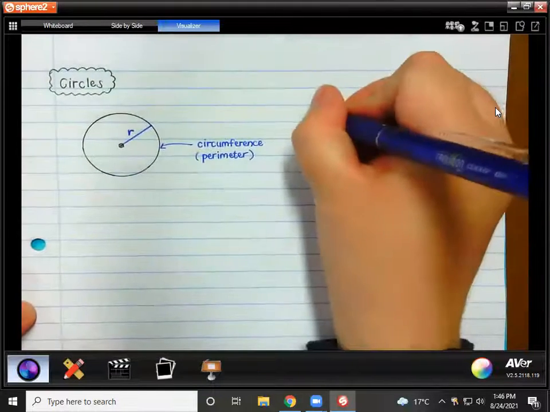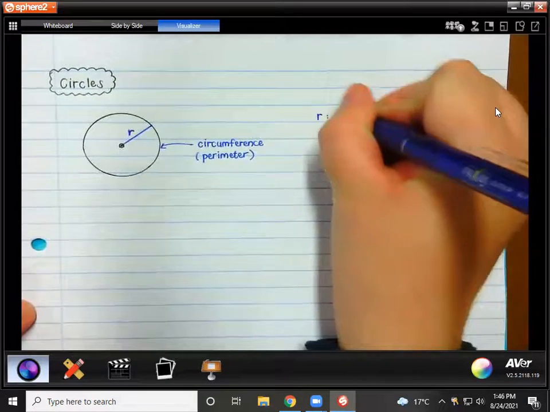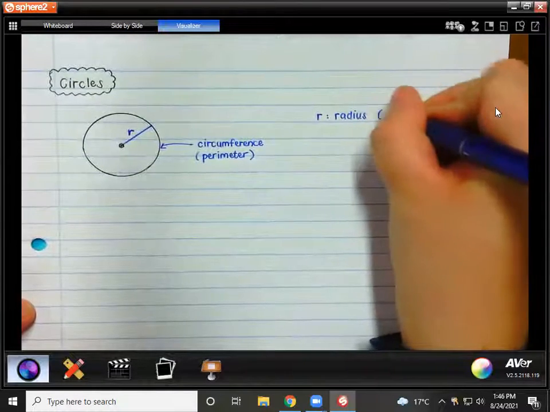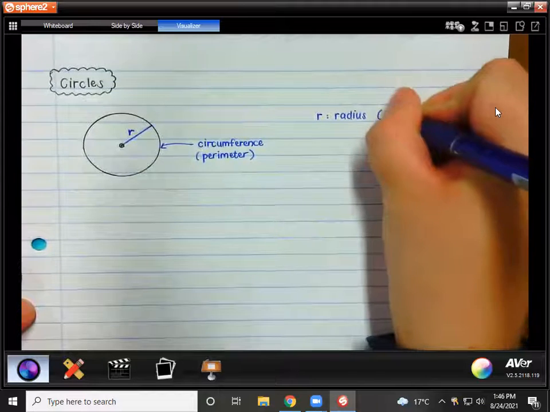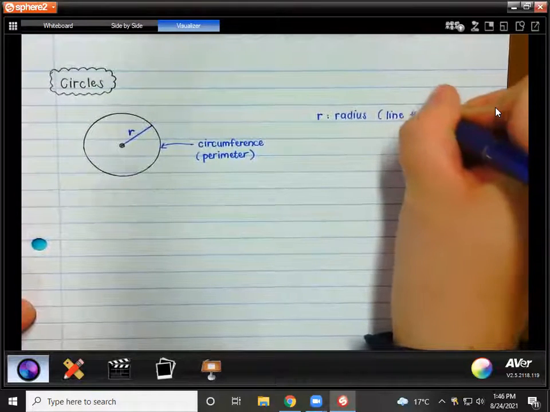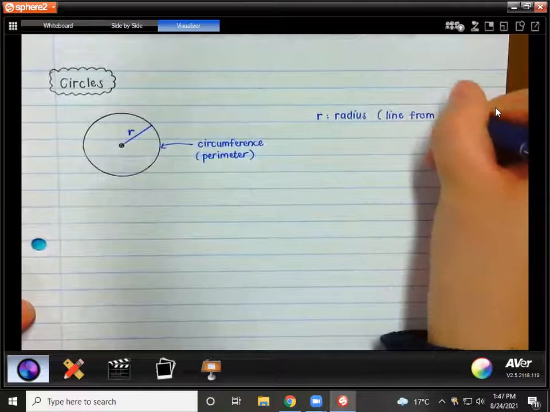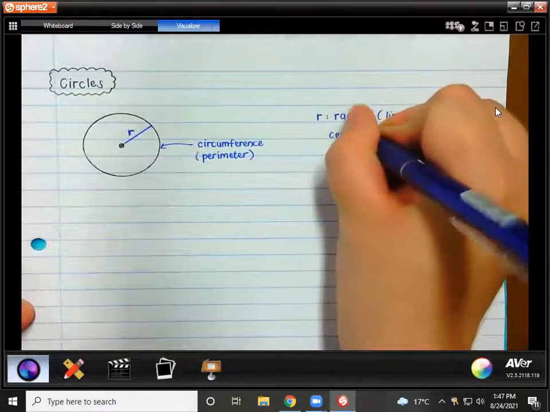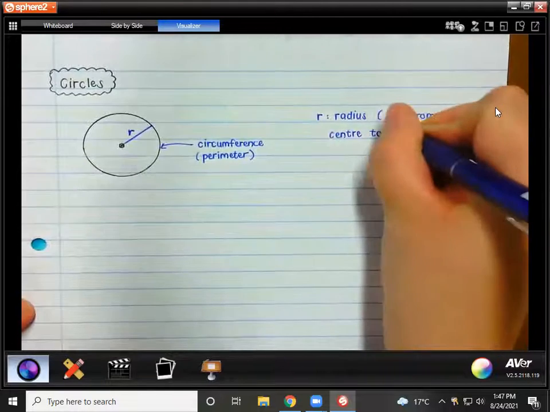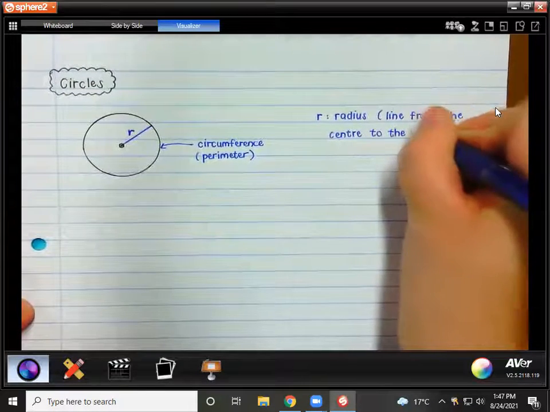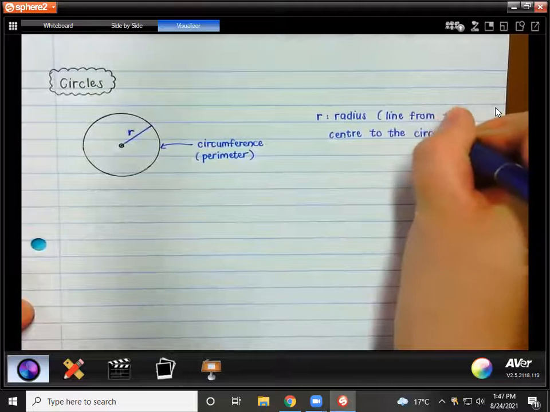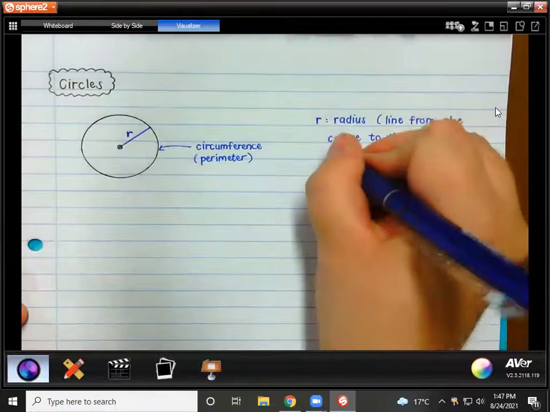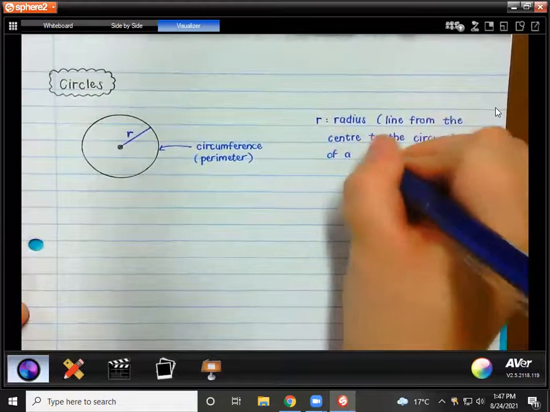And just on the side, I'm going to write that R is a radius, which is a line from the center to the circumference of a circle.